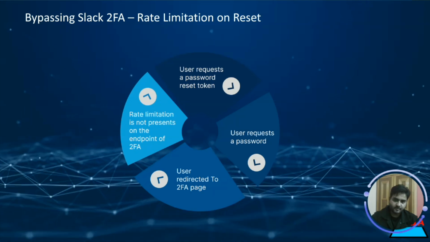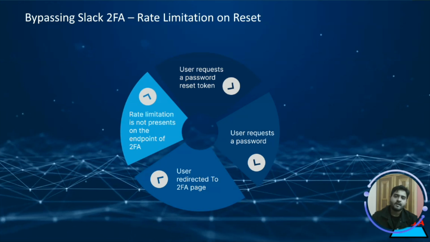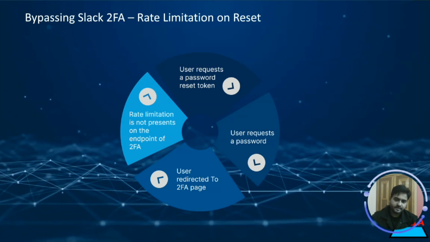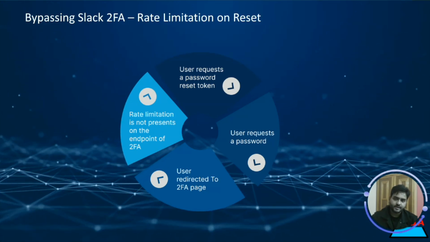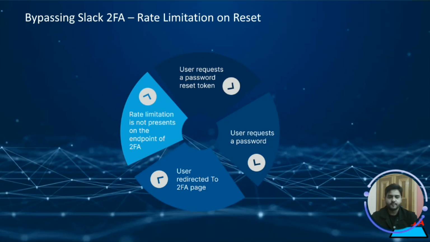What happened was the user requested a password reset token, and they reset the password, and then they were redirected to a 2FA page, which did not have 2FA brute force rate limitation.